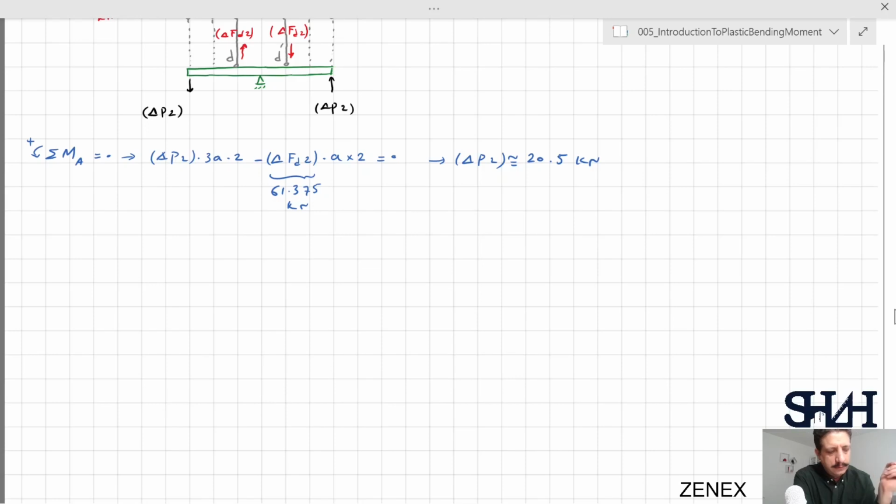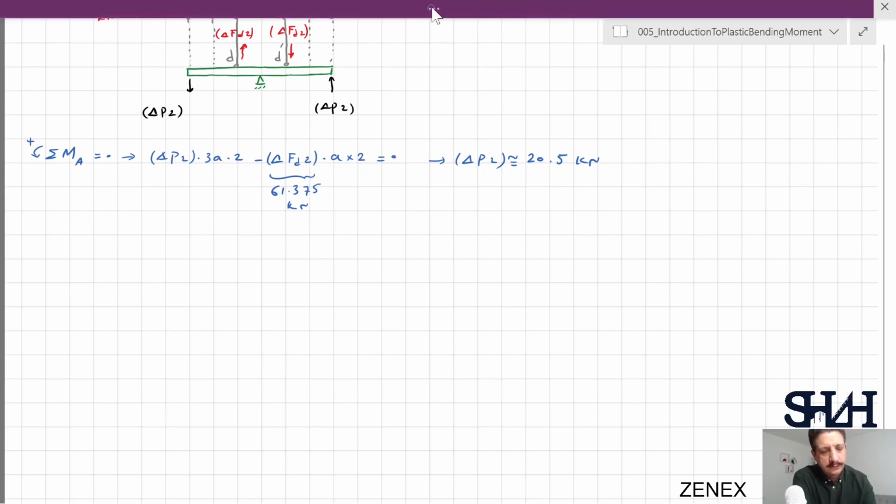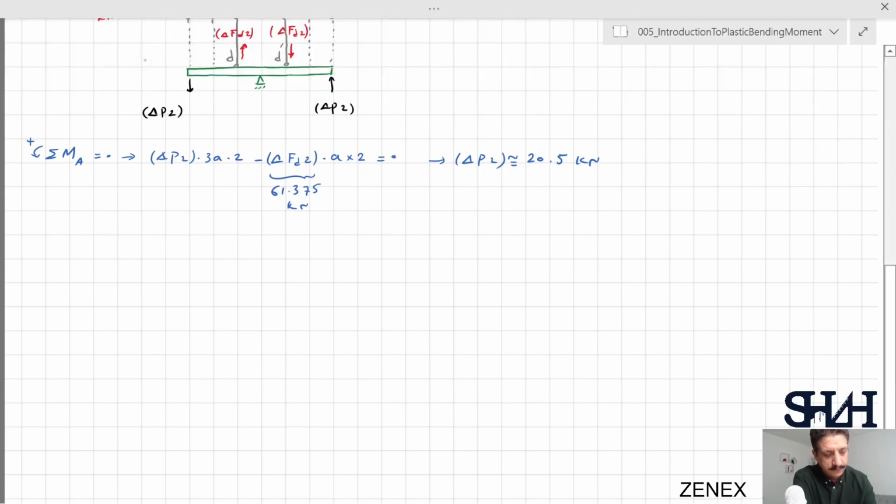Now we can calculate the situation for deformation of the elements. Now FD is 61.375, which is coming from FD plus delta FD1, plus 61.375 kilonewton, which is coming from delta FD2.